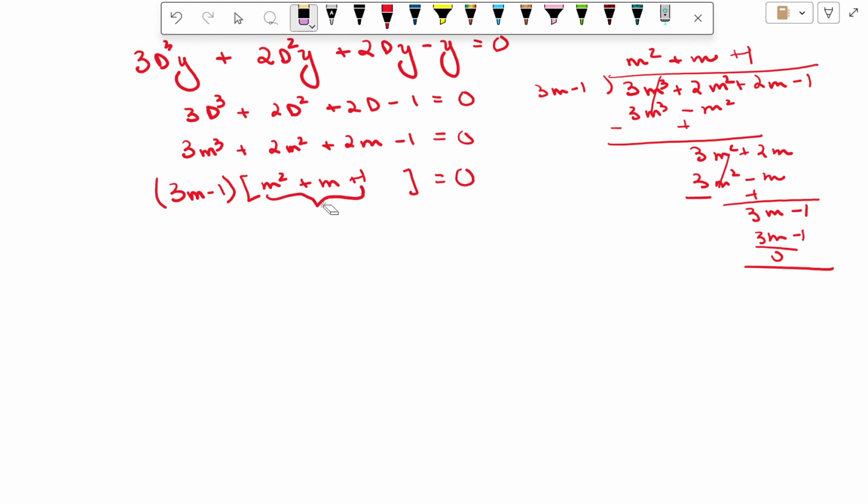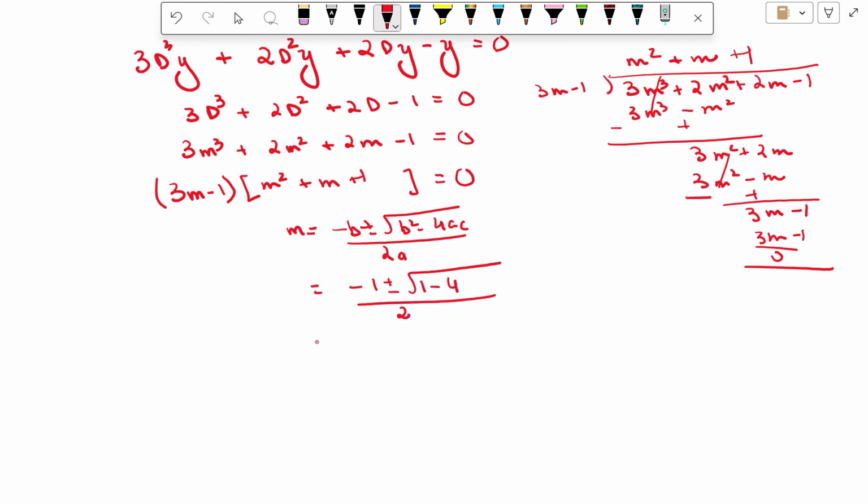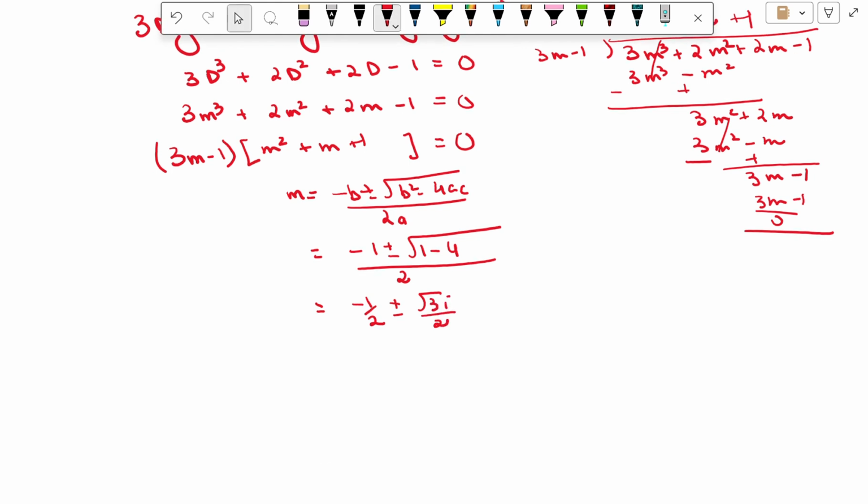So we can see we are going to get complex solutions. So let's just find them. m is equal to negative b plus minus root b square minus 4ac by 2a, which is negative 1 plus minus root 1 minus 4 by 2, which gives us negative half plus minus root 3 iota by 2. So we can write roots are equal to 1 by 3, negative half plus minus root 3 by 2 iota.